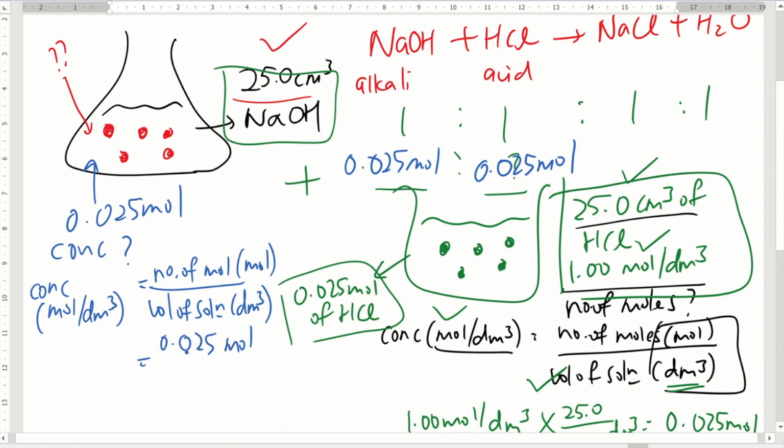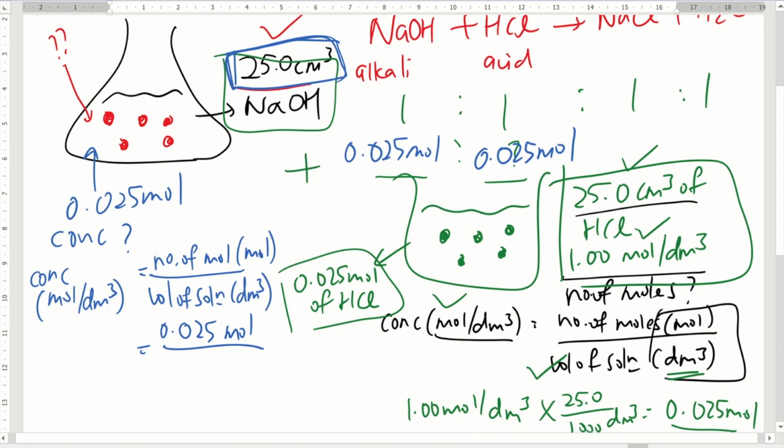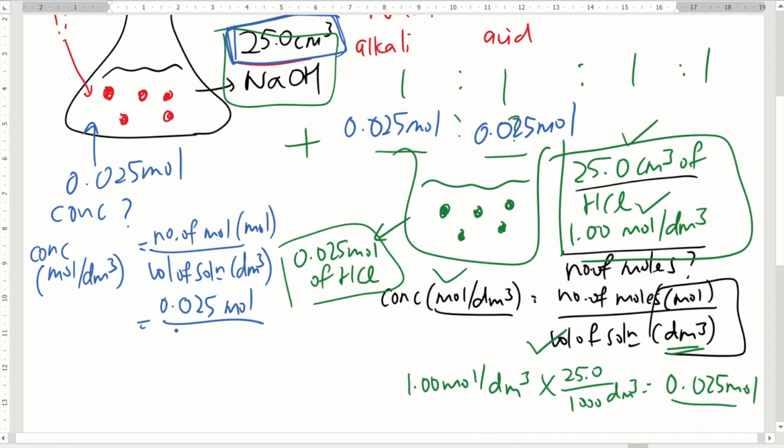This is 0.025 moles. And because I use 25 cm cube, which I can measure using a measuring cylinder, a burette, or a pipette, I know that this volume is 25 over 1000 dm cube. So when I do my calculation, the concentration is 1 mole per dm cube.